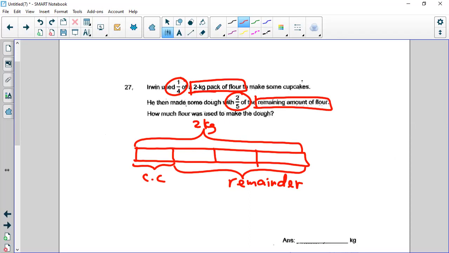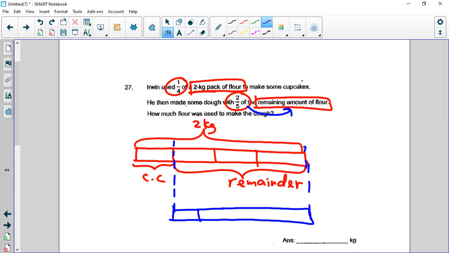Then what did he do with the remainder flour? He made some dough with 2/5 of the remainder flour. So you will need to cut the remainder into 5 boxes, but you can't do that. So you have to drop down the remainder flour and cut it into 5. That's why you drop down, because you cannot cut into 5 boxes. So you drop down a rectangle and you cut into 5 boxes.